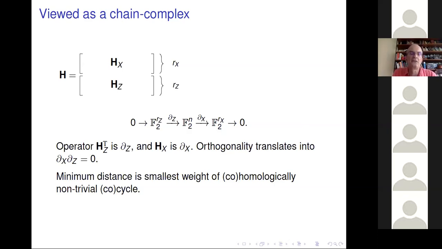So we have three vector spaces, one vector space indexed by the columns of our matrices where the qubits sit, and the two other vector spaces are indexed by the rows of our two matrices. And between them, we have boundary operators, and when we take their transpose, we have co-boundary operators. Homology groups for a complex are kernels of these operators divided by the image of the preceding operators.